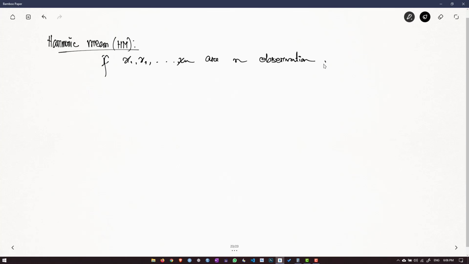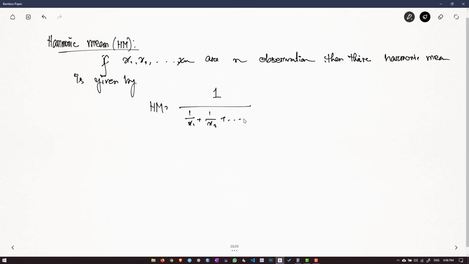And in case of harmonic mean, HM, if x1, x2 up to xn are n observations, then their harmonic mean is given by HM equal to n divided by 1 by x1 plus 1 by x2 up to 1 by xn.